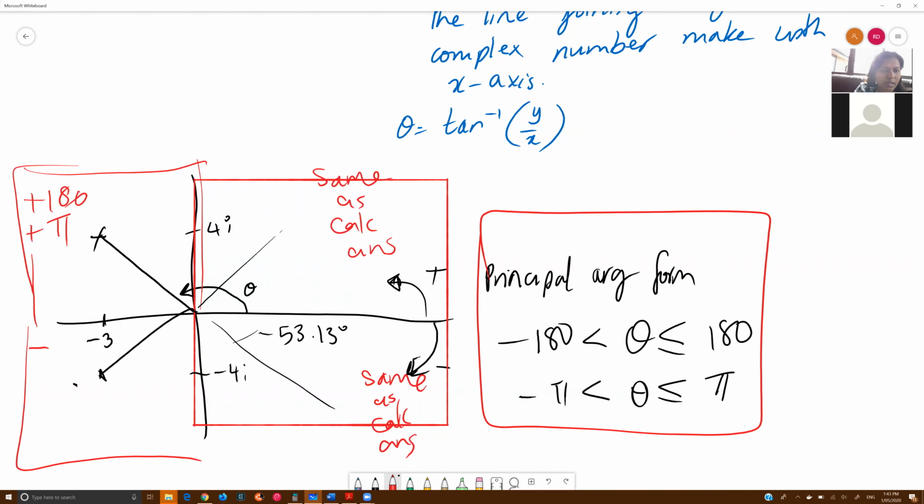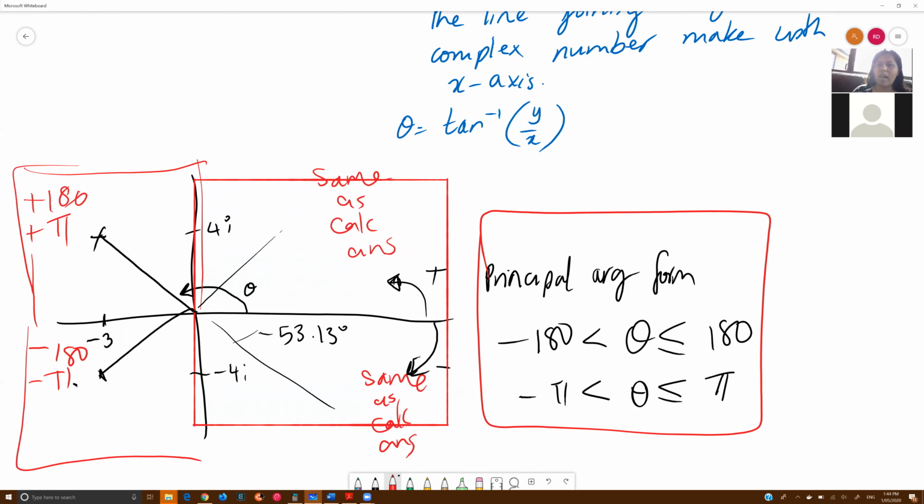So if you're in this quadrant, whatever you get in your calculator answer, you take away 180 or take away pi, depending on which mode you're working in. Okay, so if you have a little piece of paper, write this in somewhere.